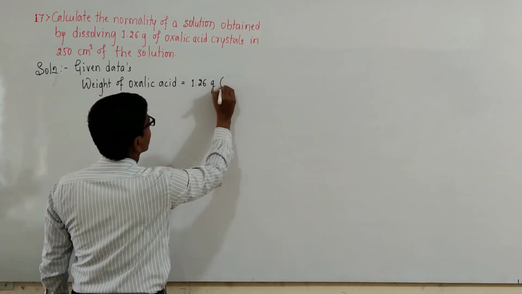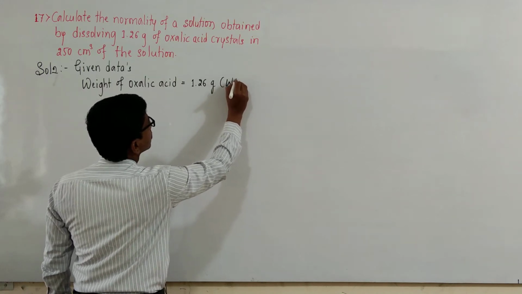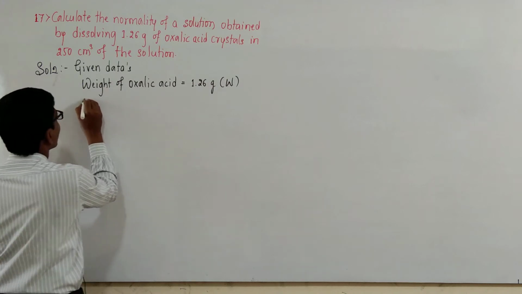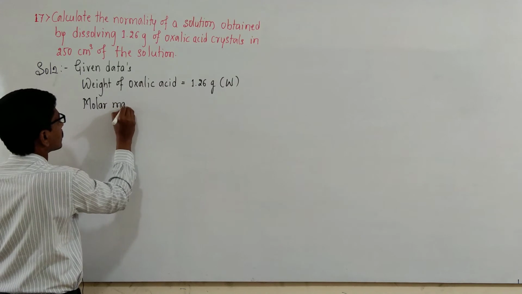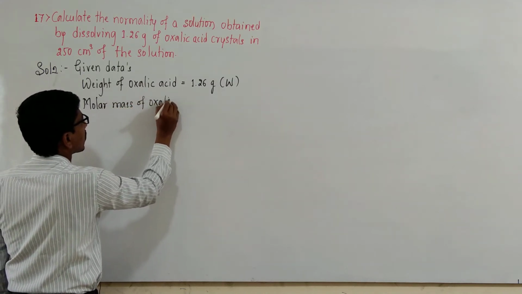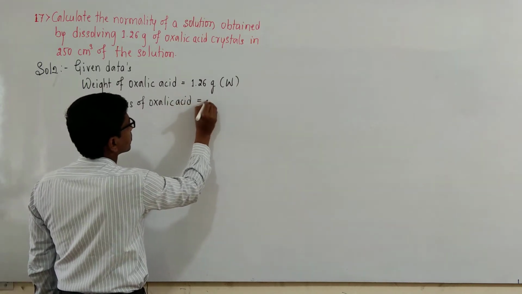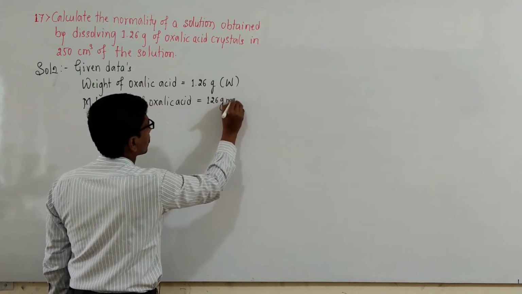This is considered as W. Then molar mass of oxalic acid crystal is equal to 126 gram per mole.